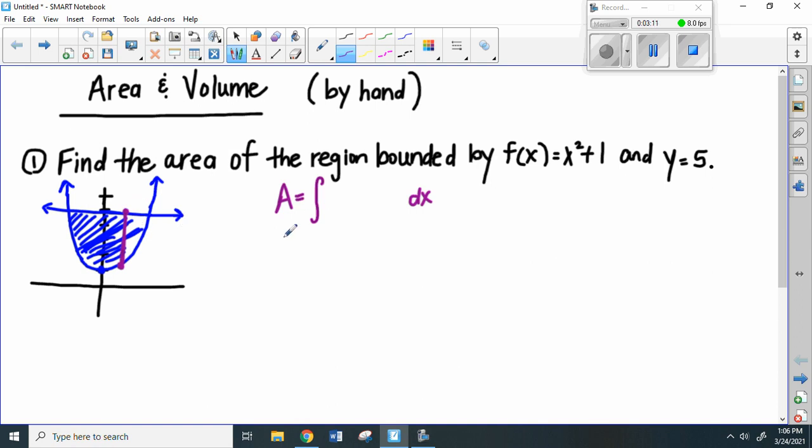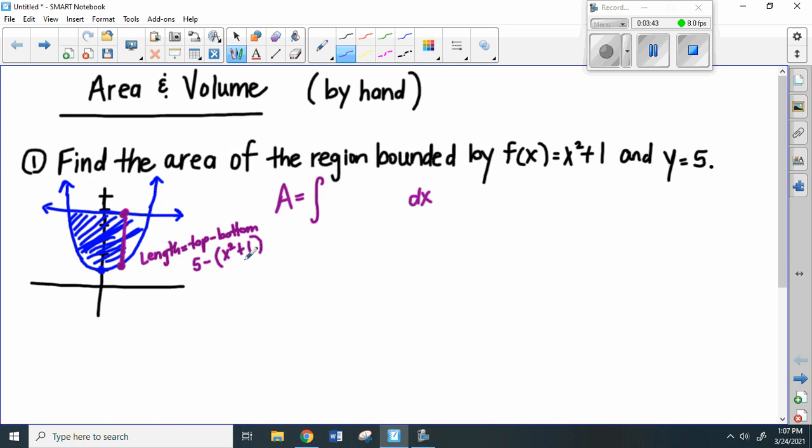And so to get my length, I need to basically take the top function. It's always top minus bottom. So length is going to equal top minus bottom, all right? And so the top is the line y equals 5, and the bottom is the curve y equals x squared plus 1.